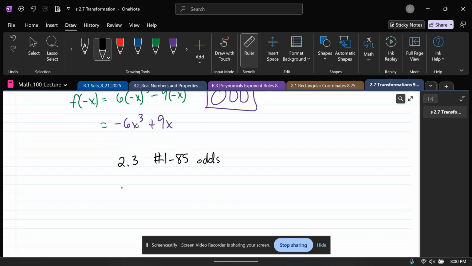I'm not saying do all of those. 2.6, 1 through 17, not many questions on the middle section there. And 2.7, 1 through 93 odd. So we did a whole section there, 2.6 and 2.7. If you want to go, you can. If you want to stay and do another domain problem with me, you can.